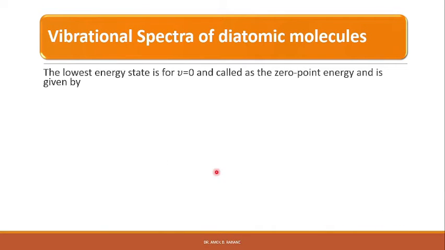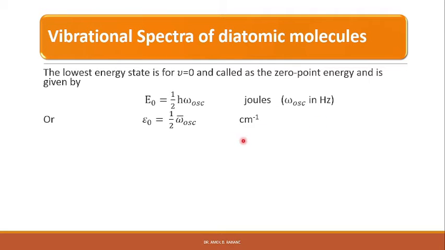The lowest energy state is for nu is equal to 0 and is called the zero point energy, and it is given by E0 is equal to 1/2 h omega oscillations, which is in joules, where omega oscillations is expressed in Hertz, or we can write it in per centimeter units.